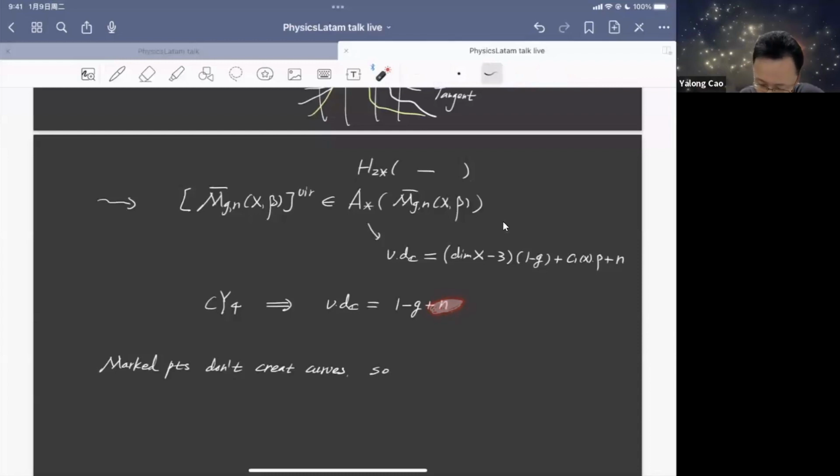Then the virtual dimension is 1 minus g, and when g is bigger than or equal to 2, this is always negative. That means on a generic Calabi-Yau fourfold, you don't expect to see higher genus curves. You only see genus 0 and genus 1 curves. So we can only consider the genus 0 and genus 1 cases.